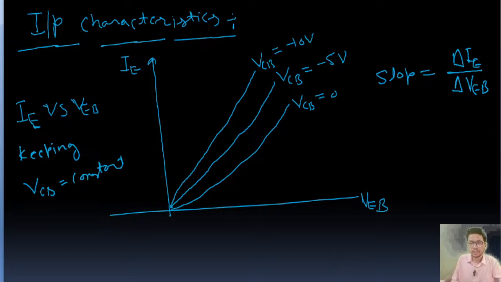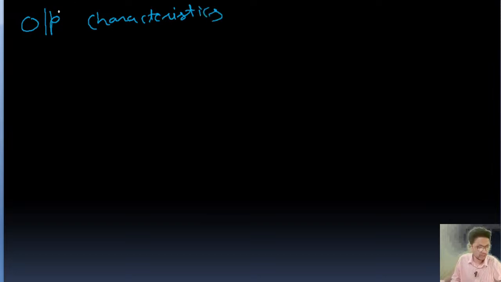Okay, next is the output characteristic graph. This is very important, the output characteristics.